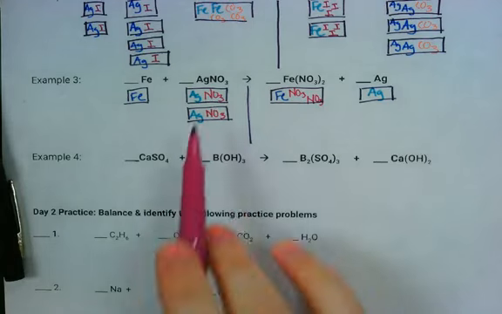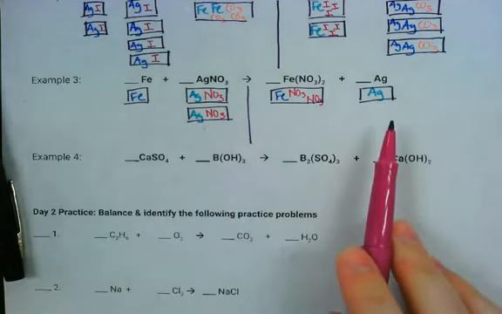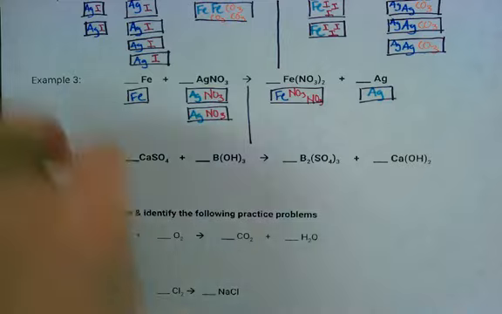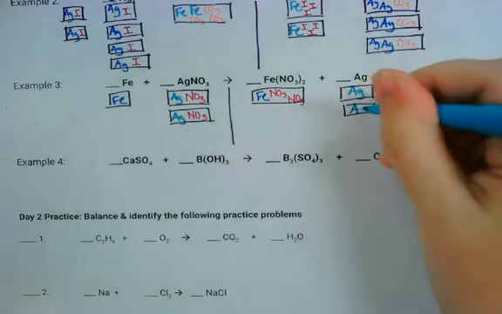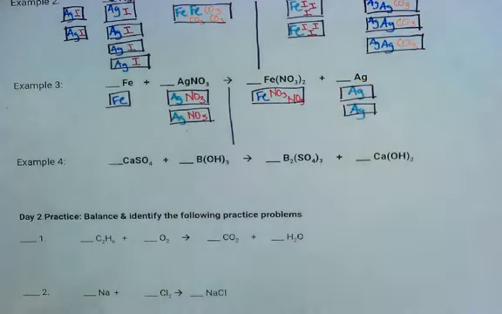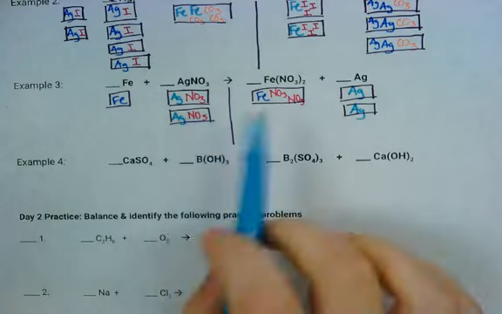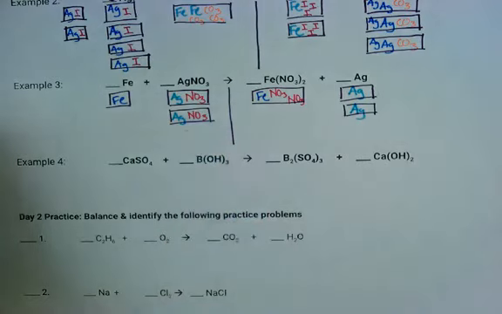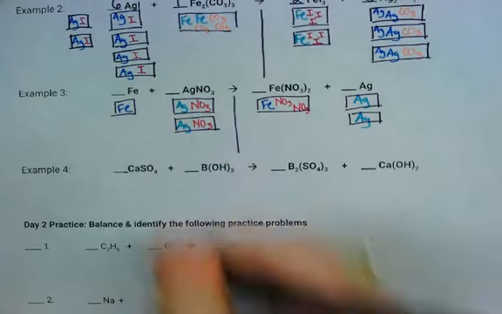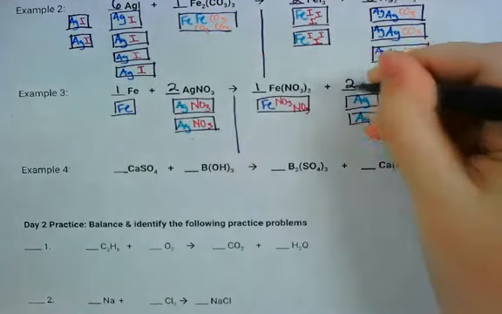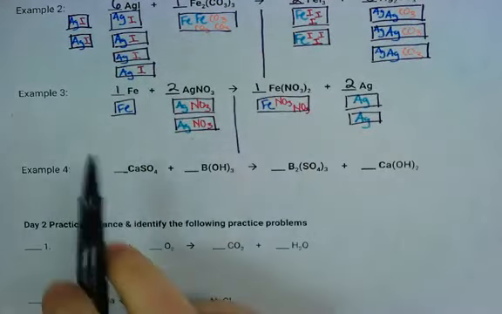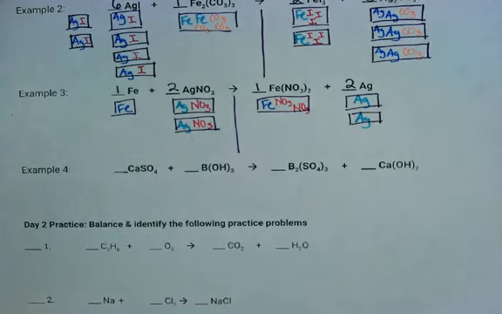What about silver? We have 2 silver. Oh, just 1 silver over here, so we add another box. Okay, so still 2 nitrate, 2 silver, and 1 iron. Now we're done. That one was pretty easy, right? Write our coefficient as the number of boxes we drew, and we're done with this one.